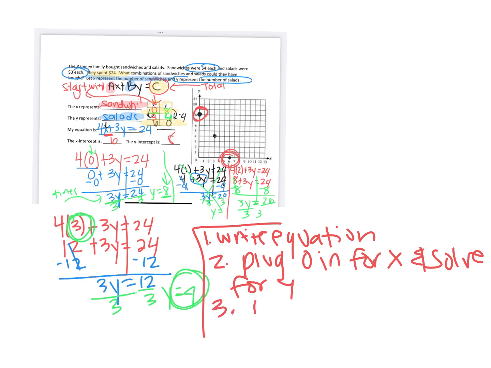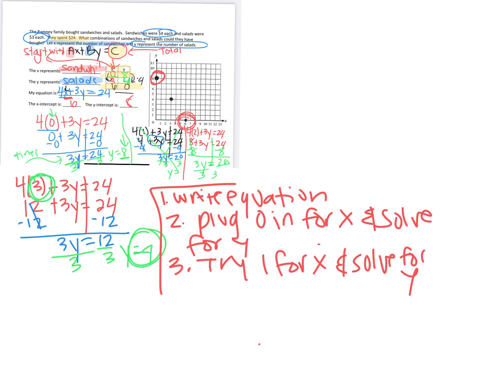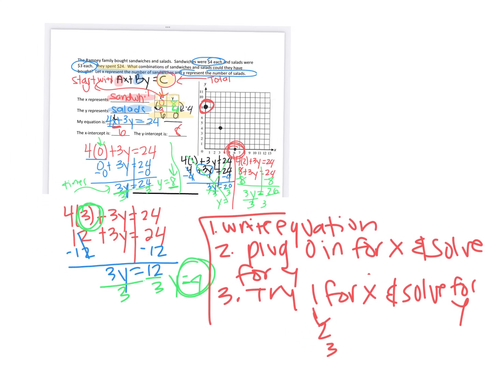Number 3, try 1 for x and solve for y. And then you will continue that after 1. Then you'll try 2. Then you'll try 3. Then you'll try 4 until it works. All right, thanks for listening. Make sure you have this all written down.